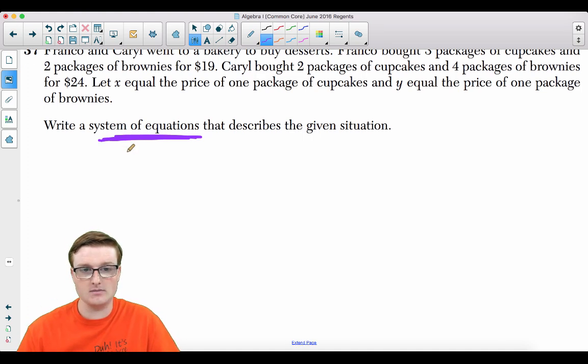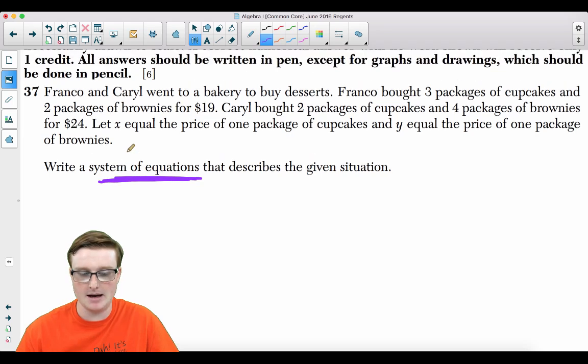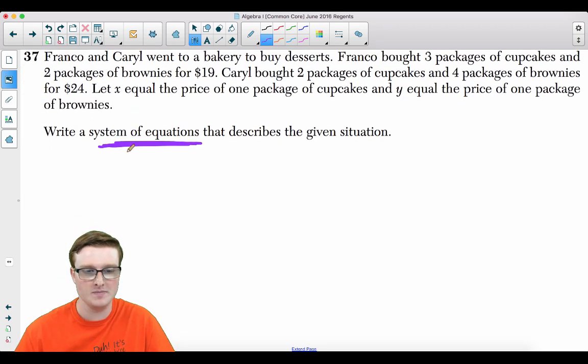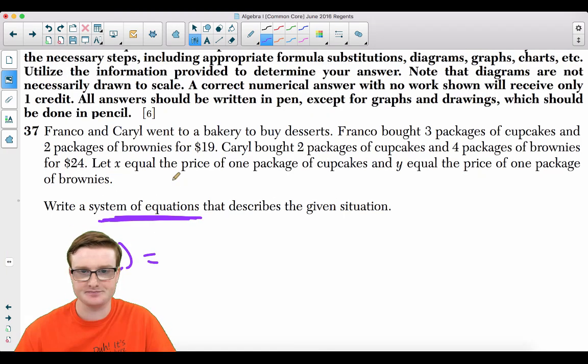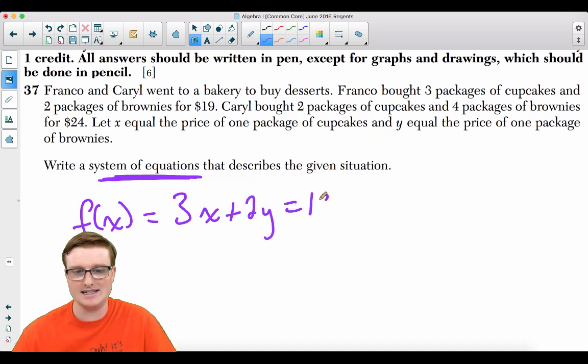So let's talk about this for a second. I'm going to put this as F and C because F for Franco, C for Carl. So f of x, which is Franco's function, that is going to be 3x plus 2y equals 19. And I want to make this clear.